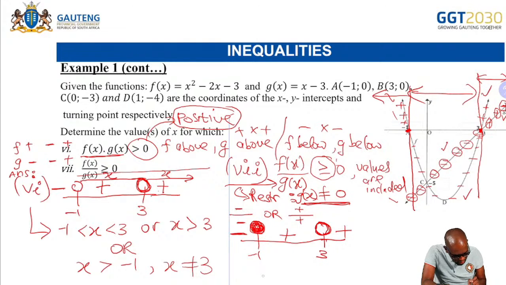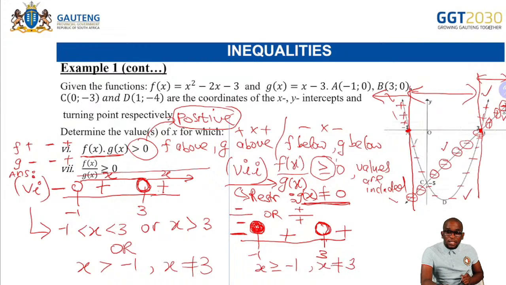So the region that gives you positive here would be when x is greater than or equal to -1, but x cannot be equal to 3, like that.